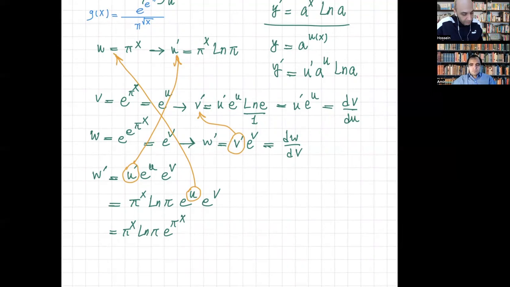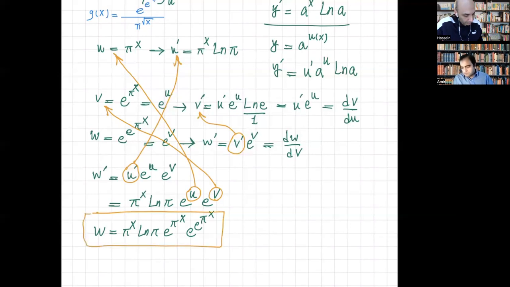And then this v here, where is it? I think I wrote it here. E to the, correct. So this is v, so e to the e to the pi to the x. That's correct. So this is w. I'm sorry, this is w prime.